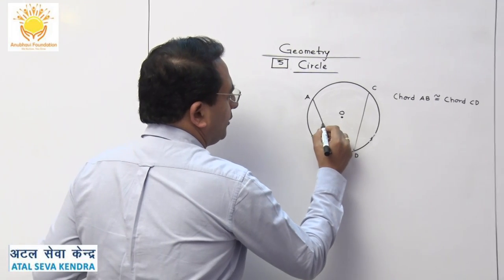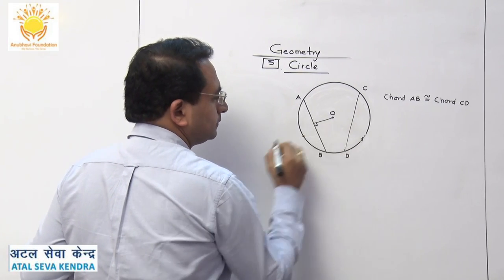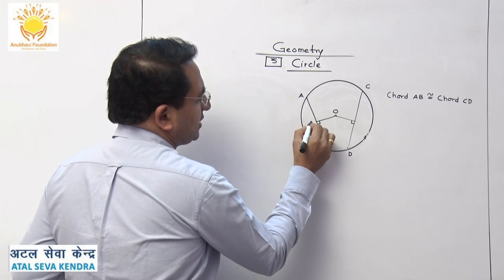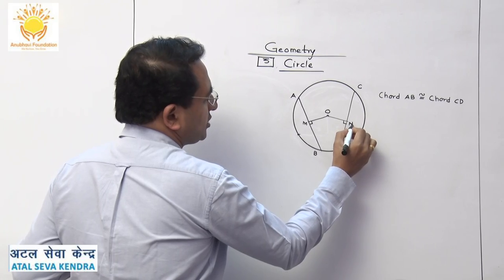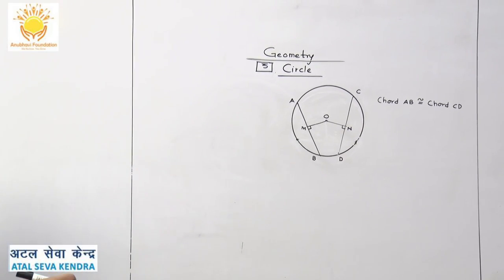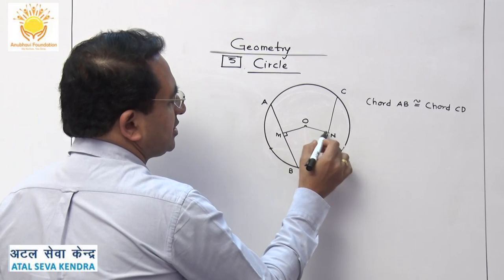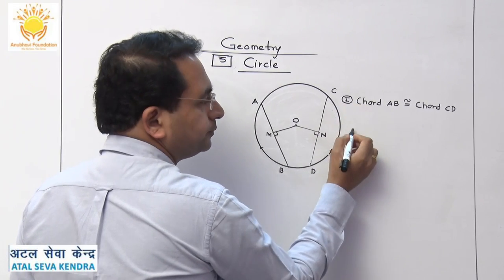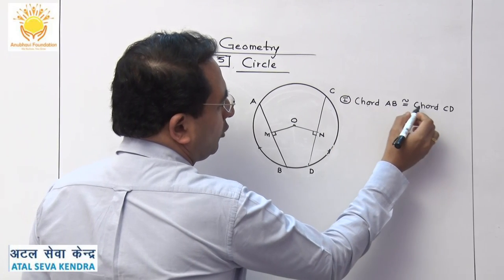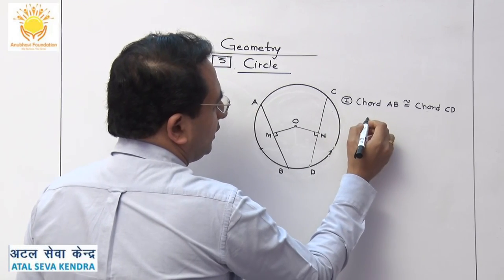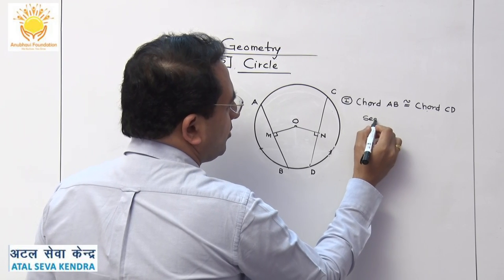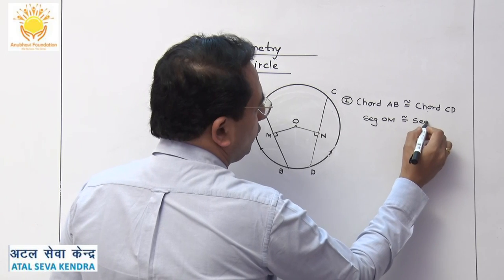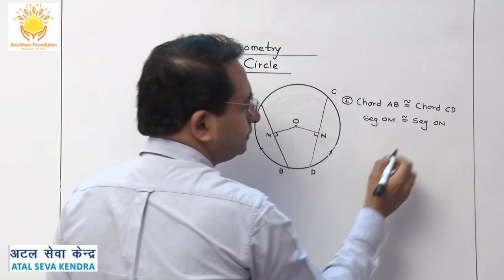So I have to drop the perpendicular here and here also. If I consider that as OM and this is ON, and if you measure these distances, then these distances are going to be equal. So this is my first property here. If chord AB and chord CD are congruent, then segment OM is congruent to segment ON.